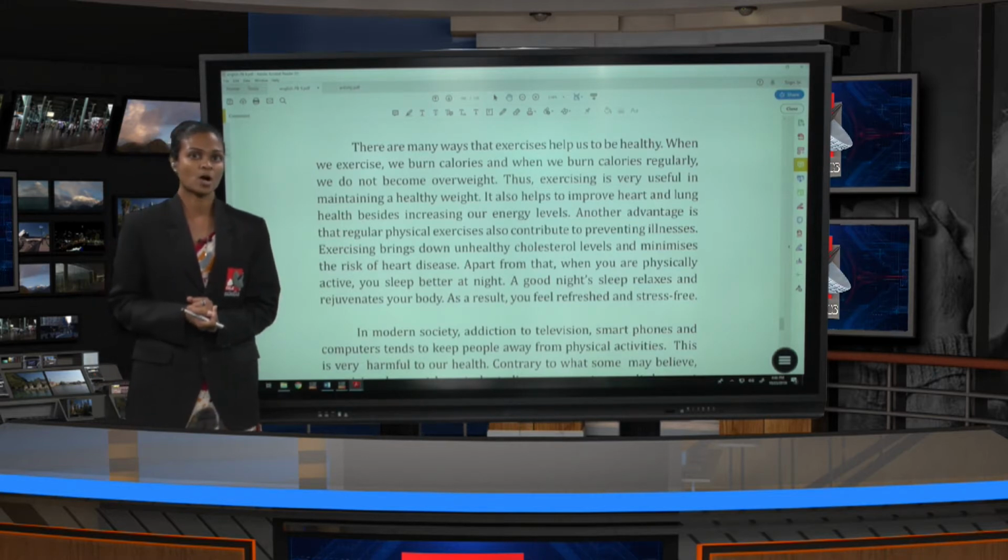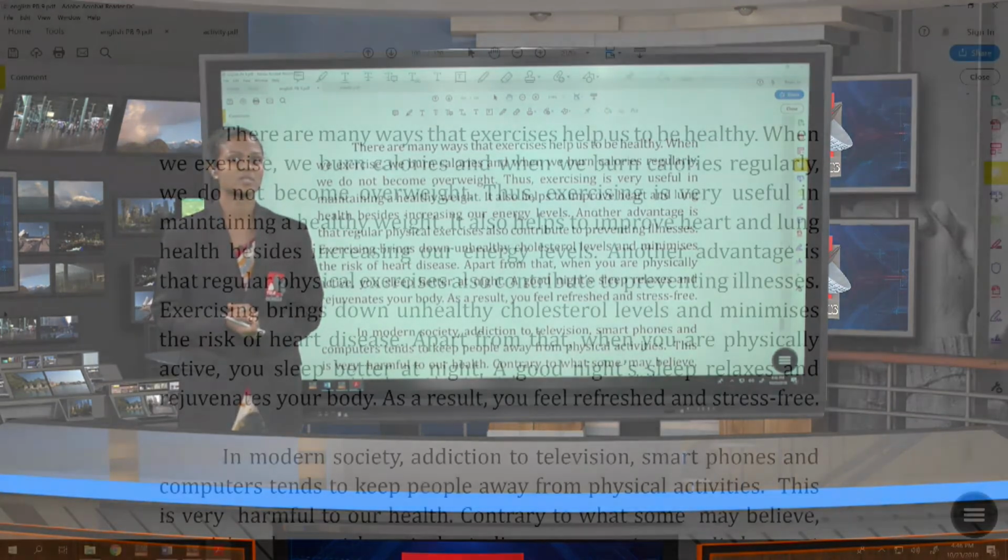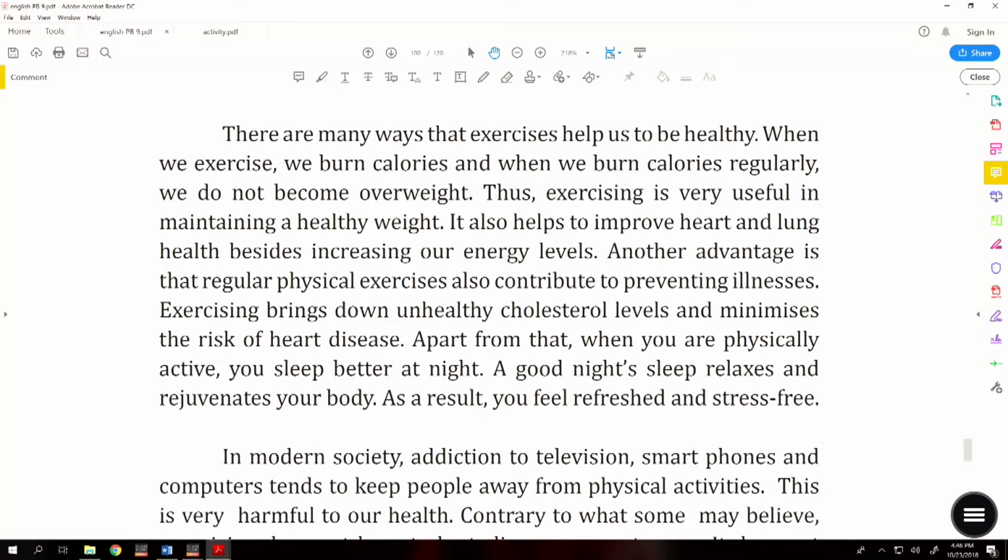Exercising brings down, decreases, unhealthy cholesterol levels and minimizes the risk of heart disease.